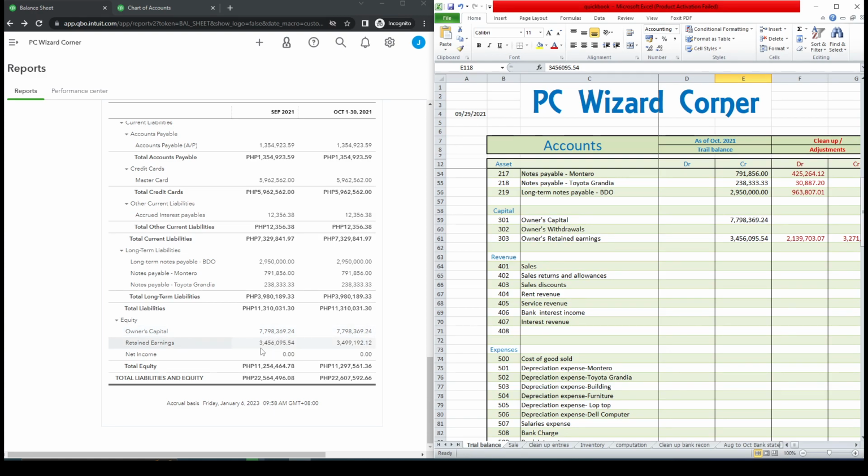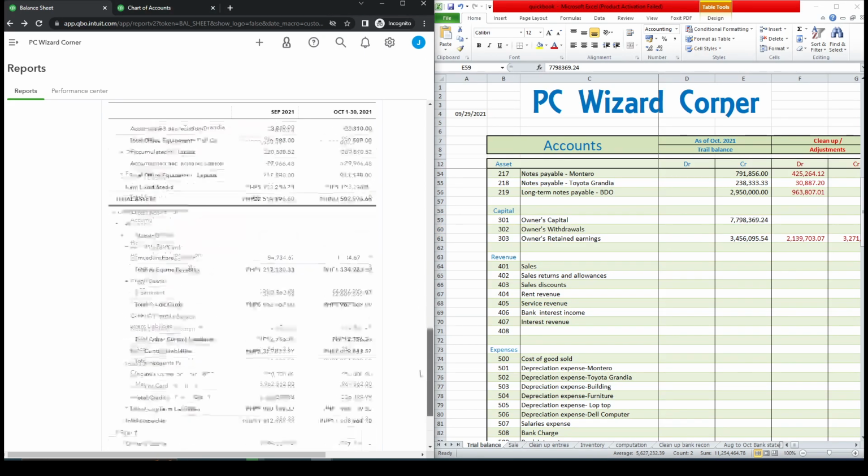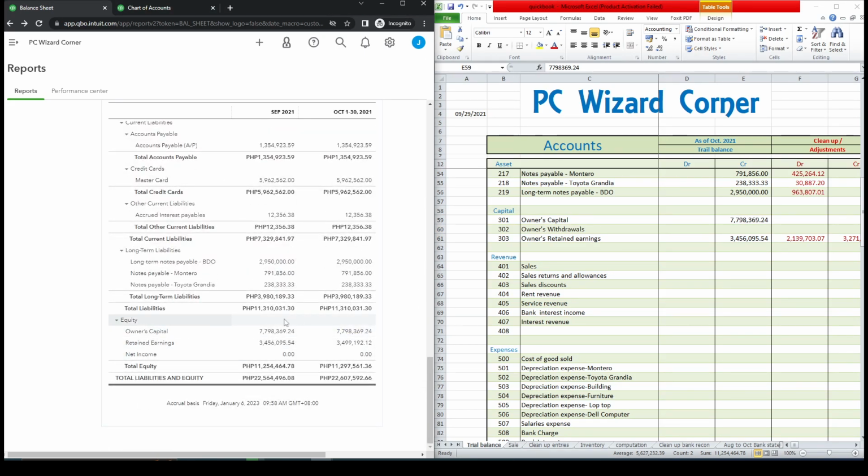Yes, it's correct. 350,345. Yes, correct. And the total amount is 11 million. Now we're done with the equity, and we're done transferring all the balances from the trial balance in Excel to QuickBooks.